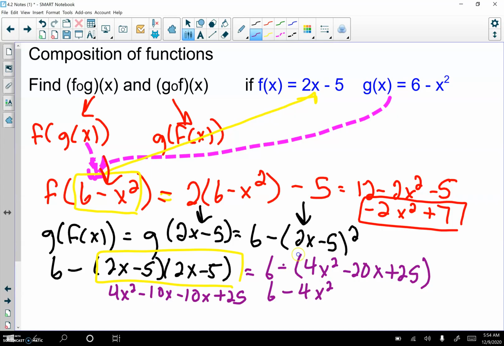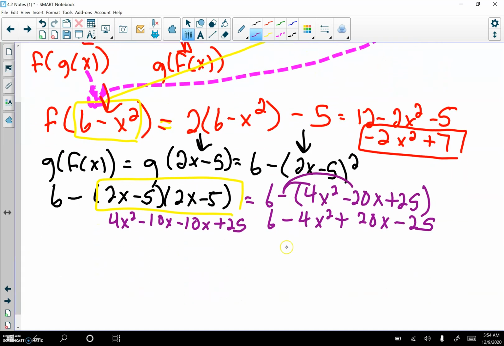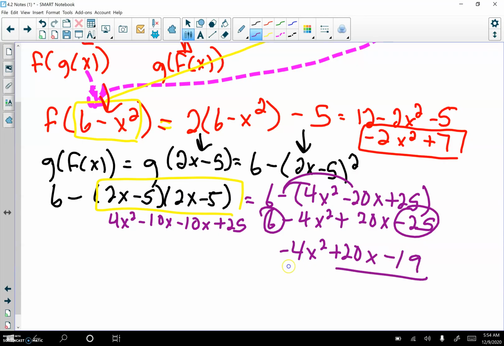I have to distribute this, plus 20x minus 25, which is negative 4x squared plus 20x, and I'm combining these two together to get minus 19.